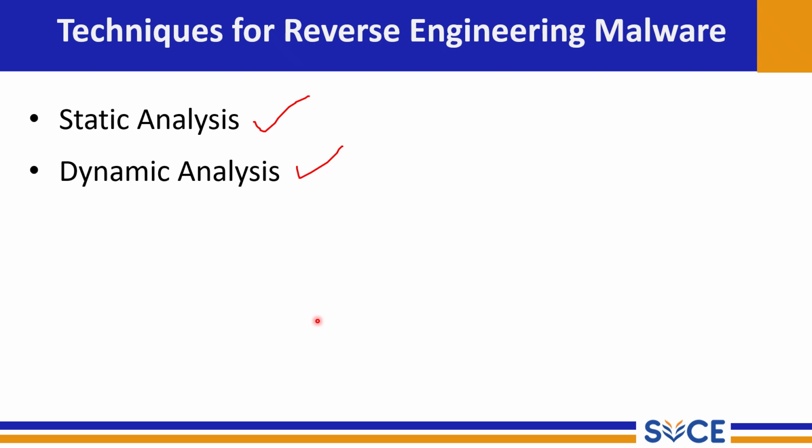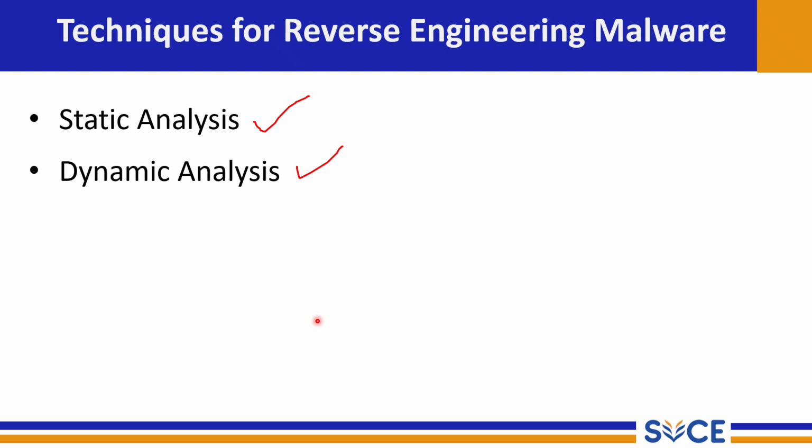Based on the information gathered from static as well as dynamic analysis, the next step is to identify the malware's functionality, such as analyzing the amount of damage it can cause, how it communicates with the command and control server, and whether it uses any rootkit or anti-detection techniques or something like that.